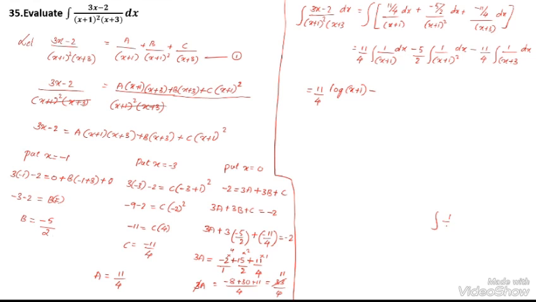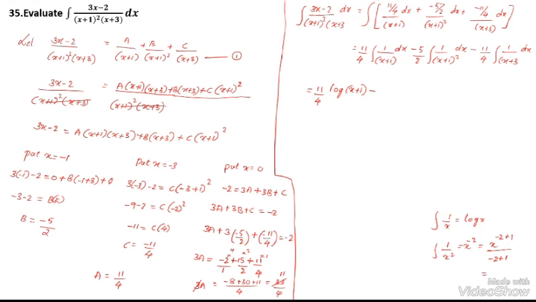Integration of 1 by x becomes log x. Then integration of 1 by x square, taking x square on top, it is x to the power minus 2. While integrating this with respect to x, that is x to the minus 2 plus 1 divided by minus 2 plus 1.